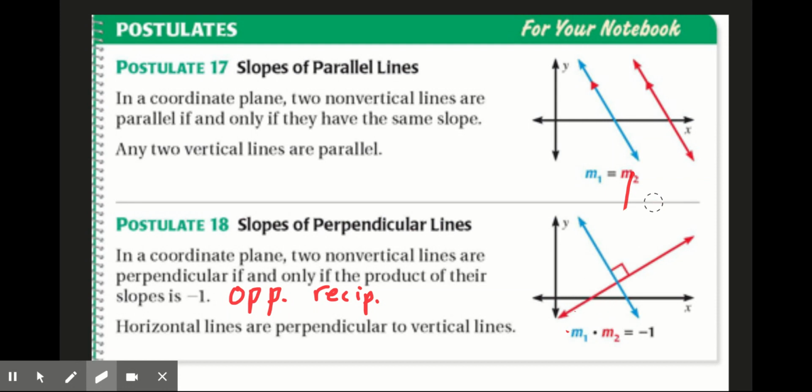Now let's think about what I mean when I say reciprocal. That means flipping the slope. If you consider that this red line almost looks like it has a slope of like 1/2, right? It's moving pretty slowly. This clearly is much more steep, right? So we flip it over.